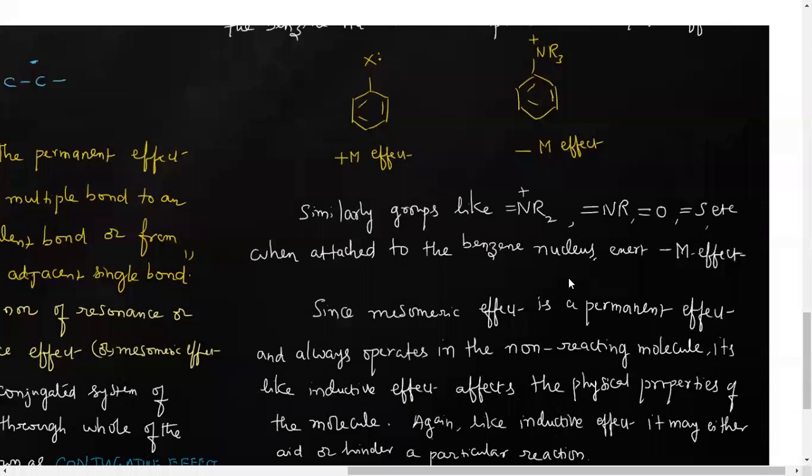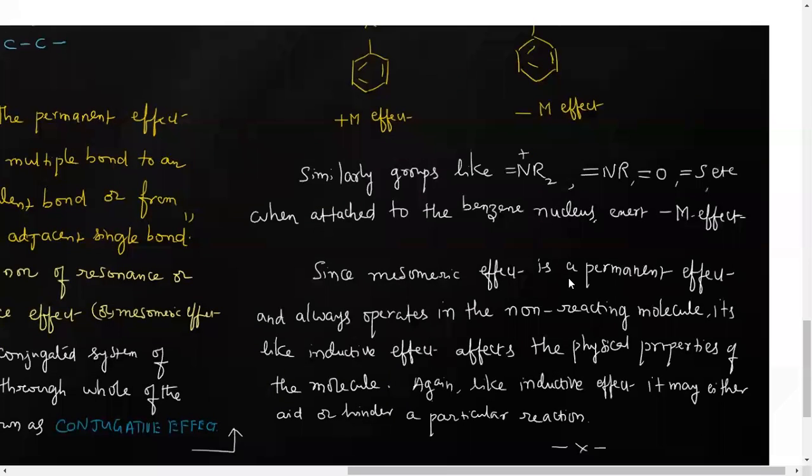Since the mesomeric effect is a permanent effect, it always operates in the non-reacting molecule. Like the inductive effect, it affects the physical properties of the molecule. Again, like the inductive effect, it may either aid or hinder a particular reaction.